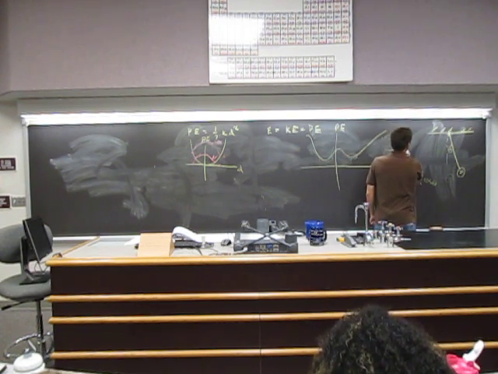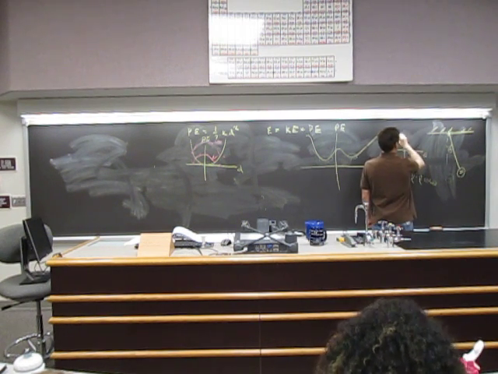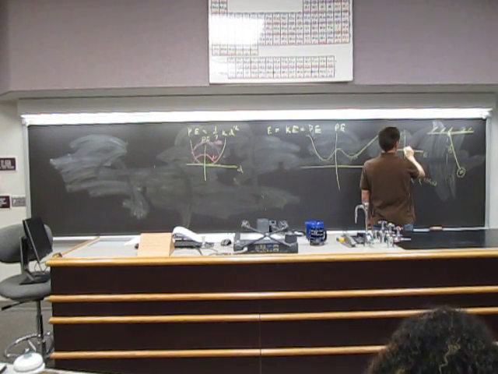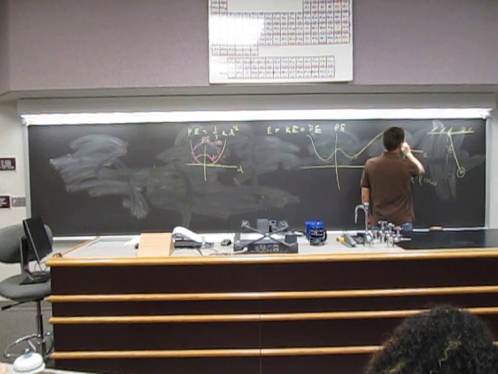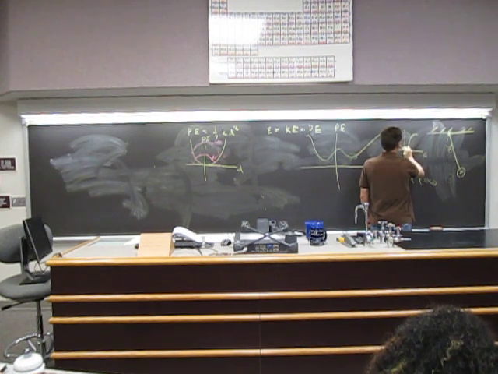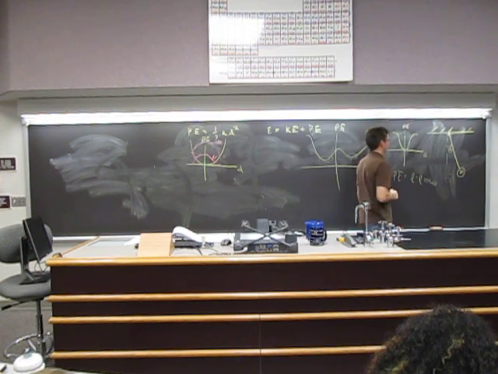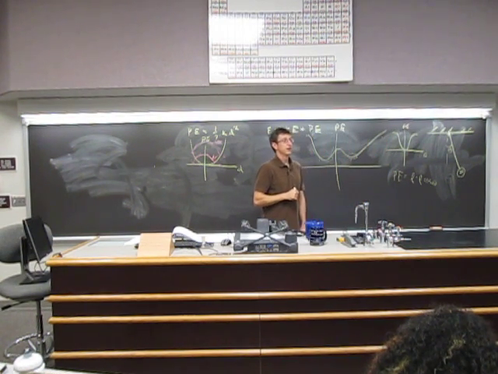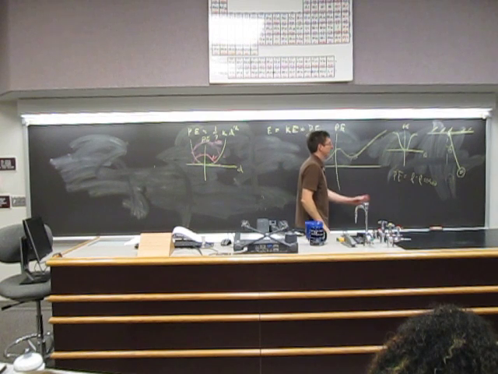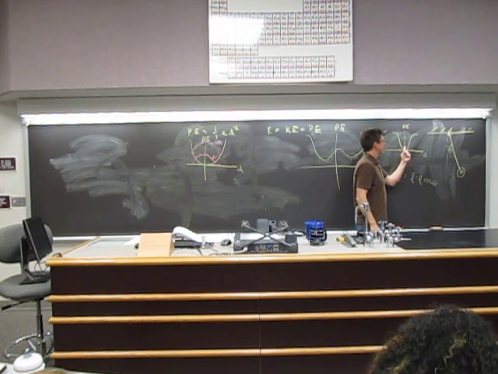if I were to plot this, it would look something like this, as a function of angle. It turns out I can treat this similarly to a mass on a spring.